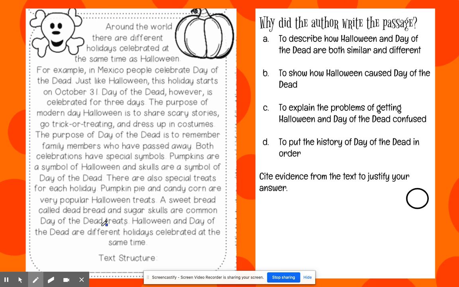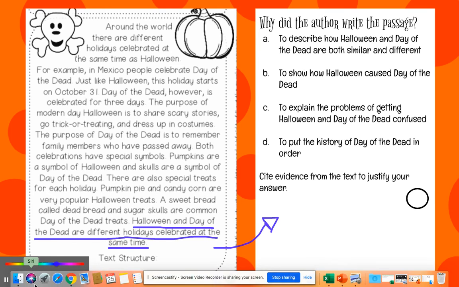And so I actually really like this last sentence here. Halloween and Day of the Dead are different holidays celebrated at the same time. That would be an awesome sentence to show how we're comparing and contrasting Halloween and Day of the Dead. And so then I would have it written right here in word for word form. So just like you see it here, that's exactly how I would type it.